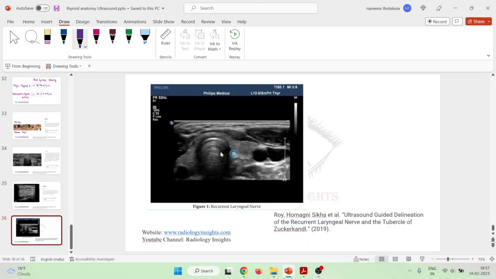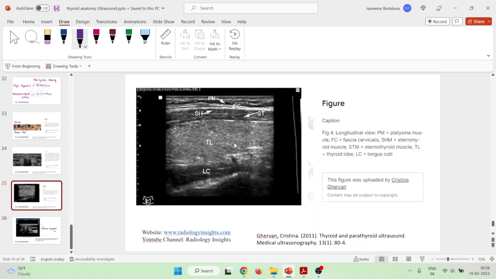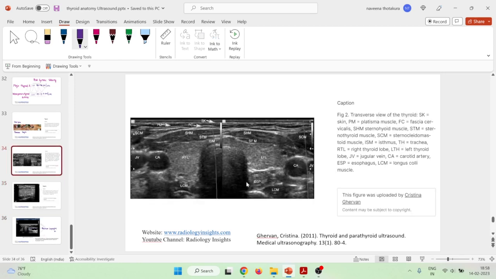Okay. Then this is the picture which is also an anatomy. Here you can see this structure. This is nothing but the recurrent laryngeal nerve. Okay, this recurrent laryngeal nerve is also in relation to the thyroid gland. If you see the esophagus, here you can see this esophagus also.